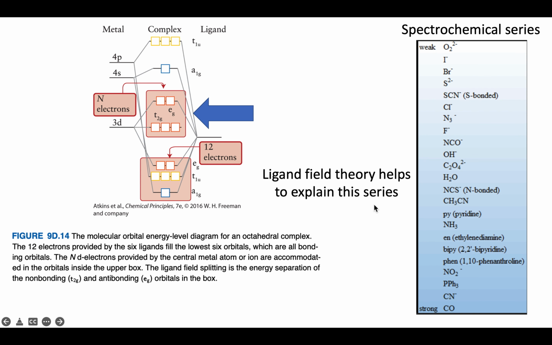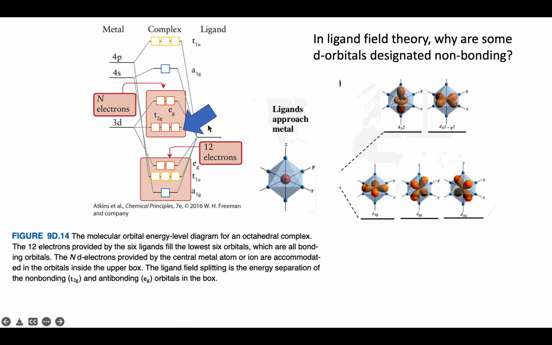In ligand field theory, if we look at this, we have examples of non-bonding molecular orbitals. They were the d orbitals, the 3d on the metal, and they are now non-bonding because they are not directly overlapping with the orbitals that are on the incoming ligands.